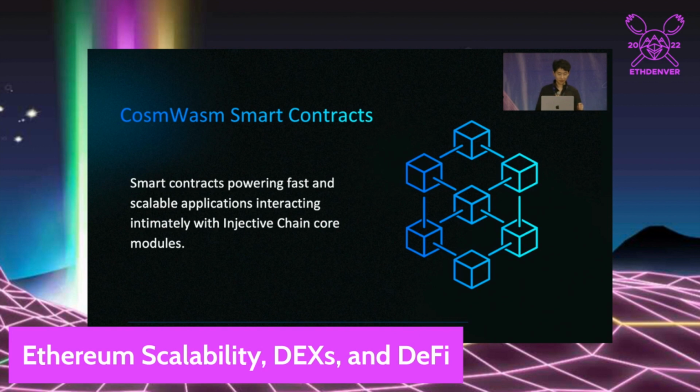The reason why Cosmos smart contracts are so important for the Injective chain is that they can be plugged in as a module that sits within the Injective core stack almost independently, and yet can interact very intimately with the Injective chain core modules in a very Cosmos-native way. This allows the manipulation of order data and positions, and creates a lot more possibilities that simply weren't possible on Injective before.